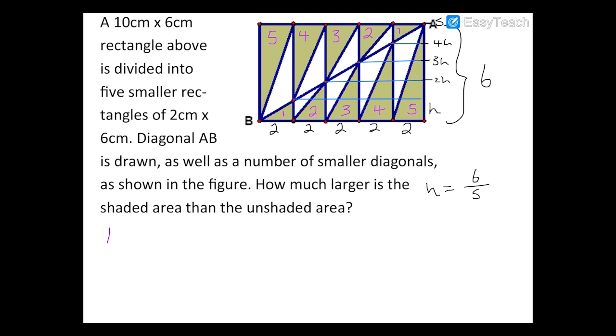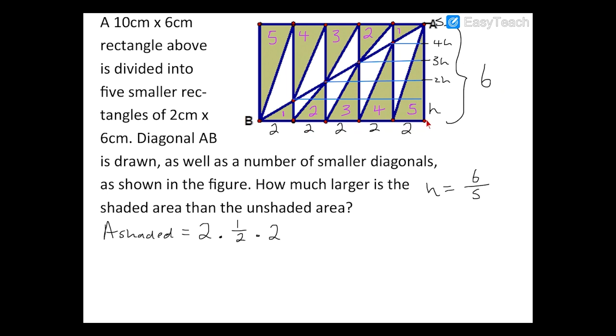So the area of the shaded triangles will be equal to 2 multiplied by, this 2 is for the fact that every triangle has a partner, so there's 2 times every triangle here. Multiplied by half is from the formula of the triangle, half base times perpendicular height, and multiplied by 2 because all of these triangles have base 2.